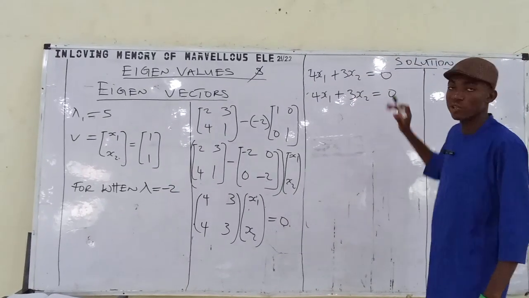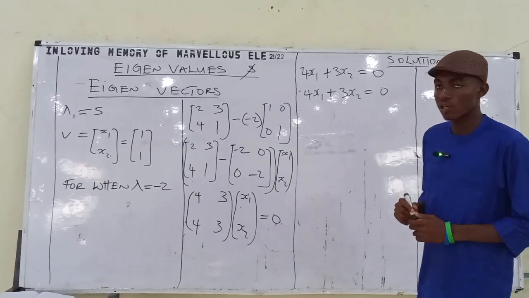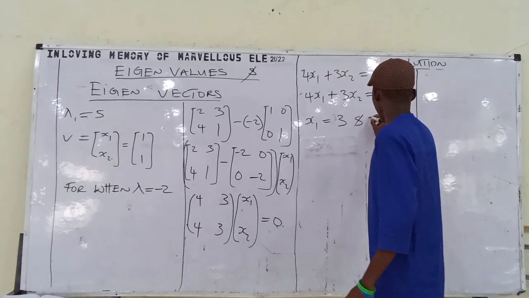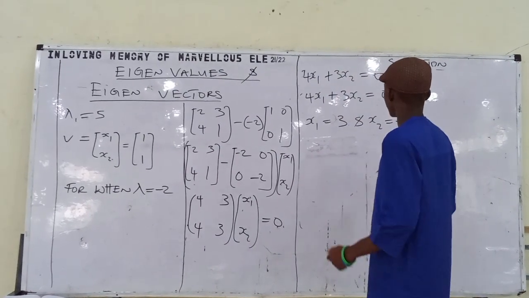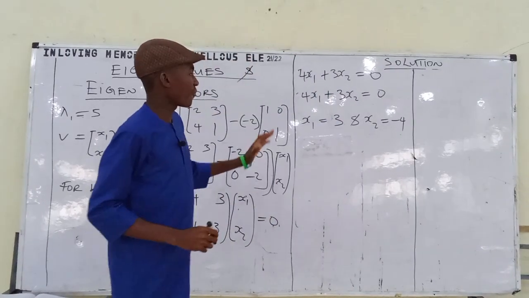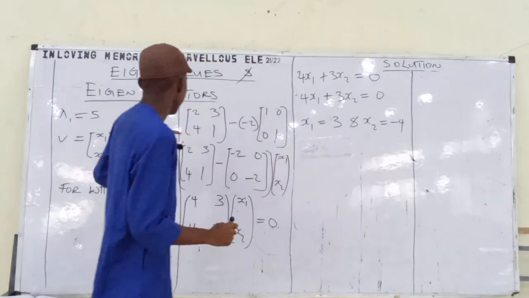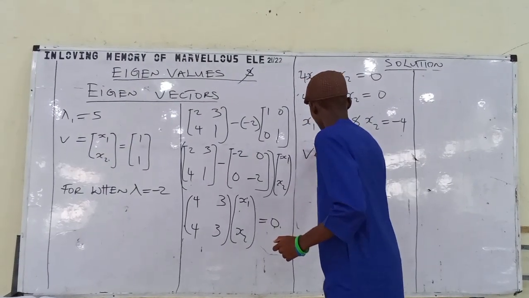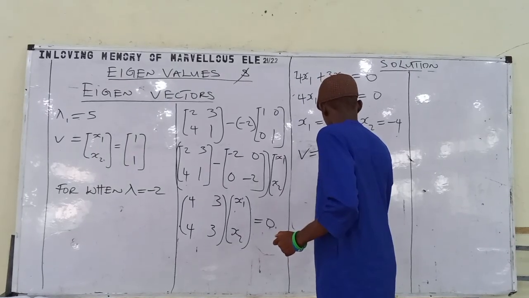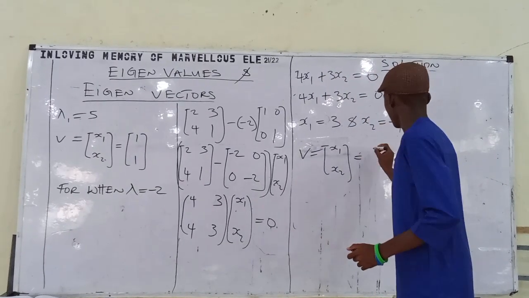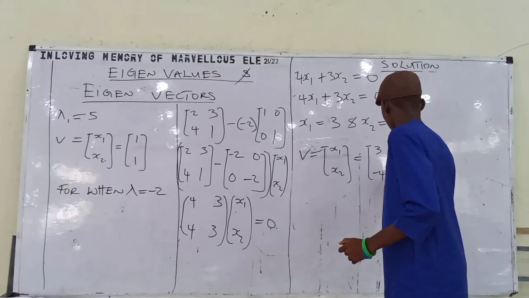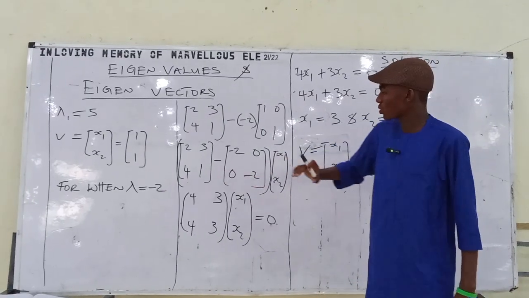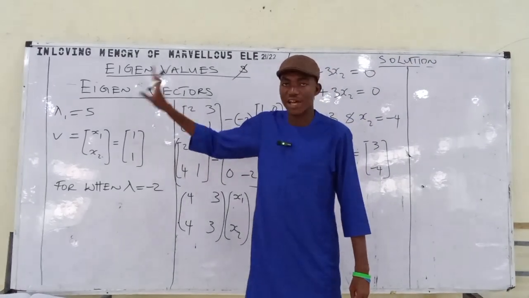If you solve these two simultaneous equations, you get your x1 as 3 and your x2 as -4. So now finally I've gotten our eigenvector for when your lambda is -2. The eigenvector v, which is x1, x2, equals 3 and -4. So this is your eigenvector for when lambda is -2, and this is your eigenvector for when lambda is 5.